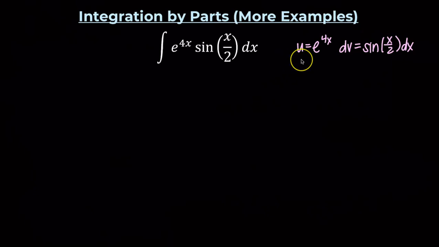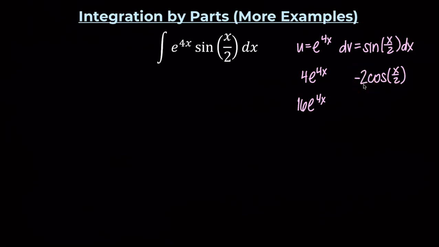So we're going to take the derivative of e to the 4x, that's 4 e to the 4x, and the derivative again is 16 e to the 4x. Then we're going to integrate sine of x over 2. The antiderivative is going to be negative cosine of x over 2, but there's a 1/2 in front of the x, so the reciprocal of that is 2.